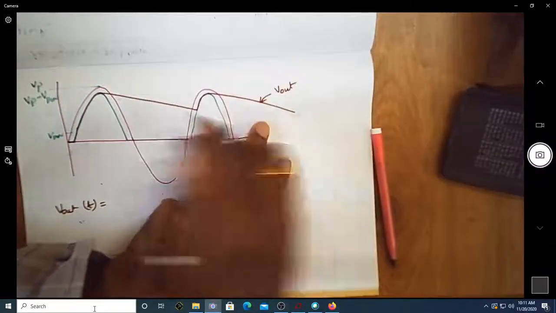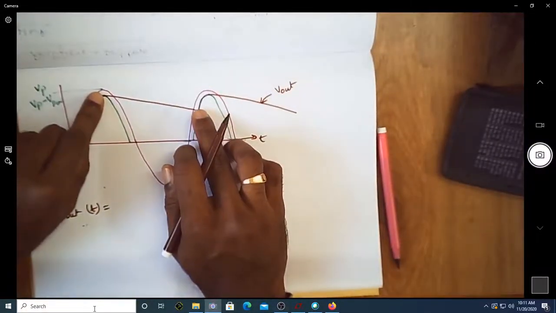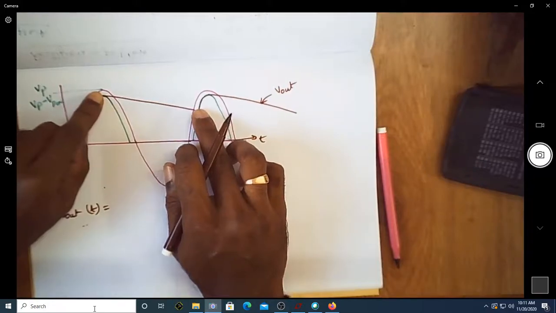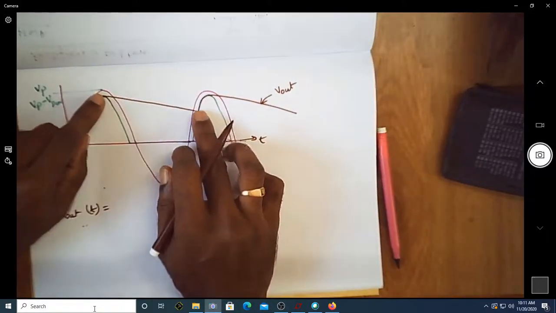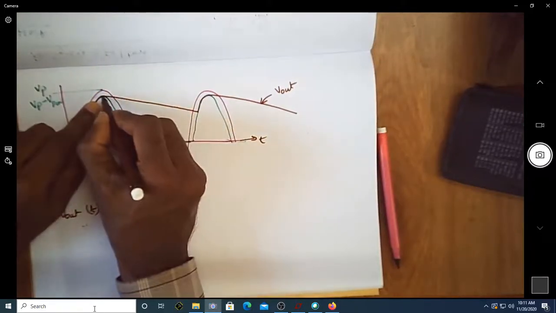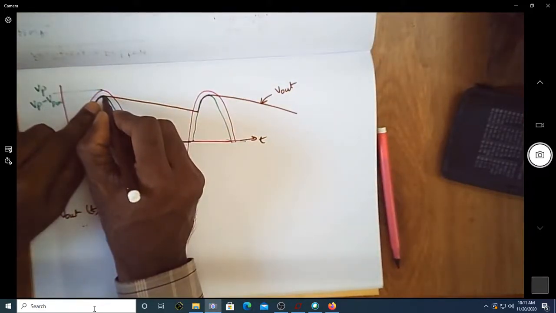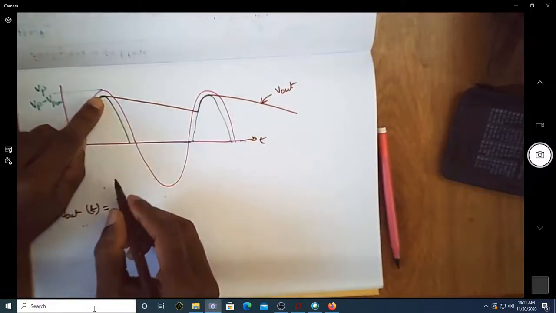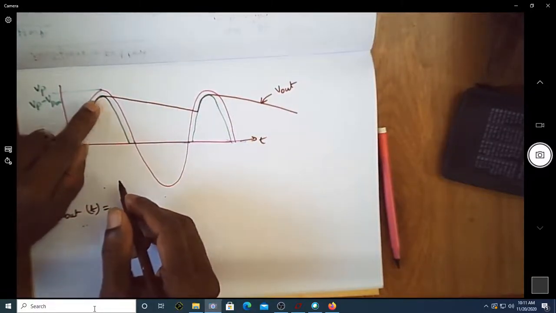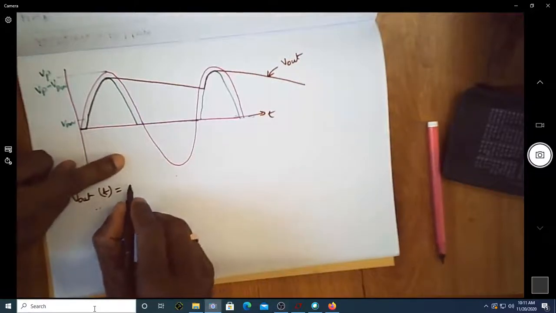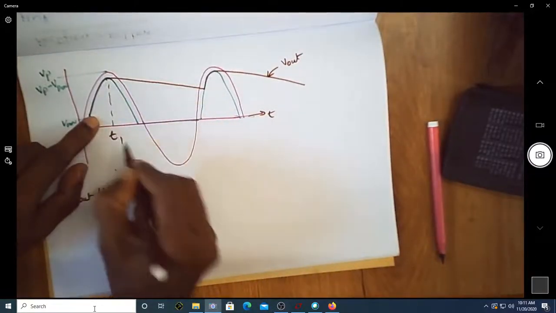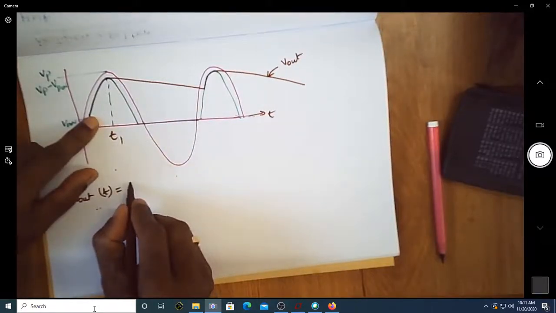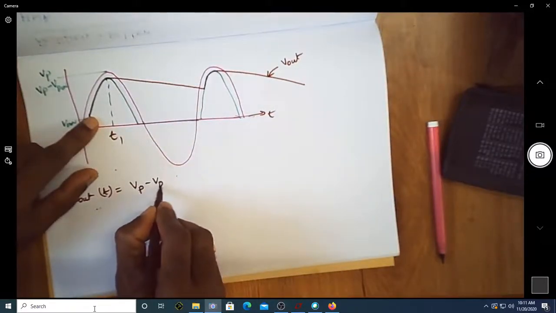Now you can think that we are interested in what happens during this period. During this period the capacitor is discharging. At the starting of the discharge time, what voltage will the capacitor have? The capacitor will have an initial voltage of Vp minus Vd on. So at time t equal to T1, the capacitor voltage is Vp minus Vd on.